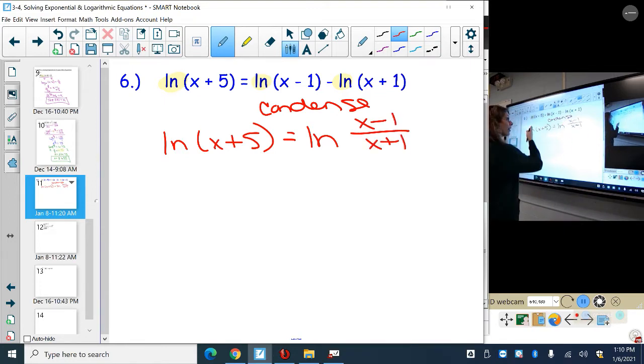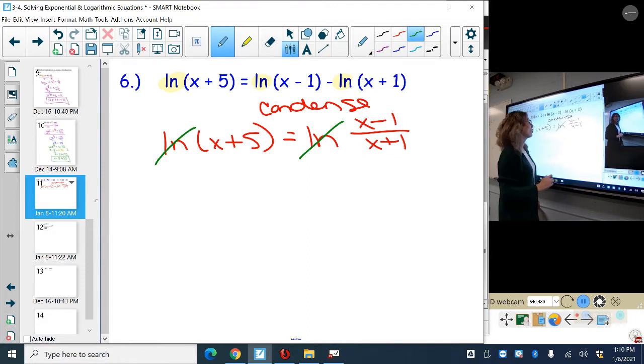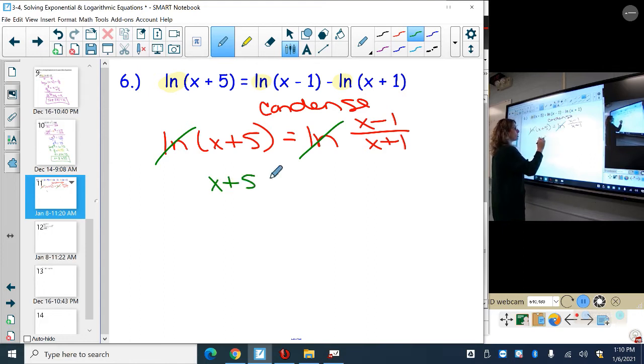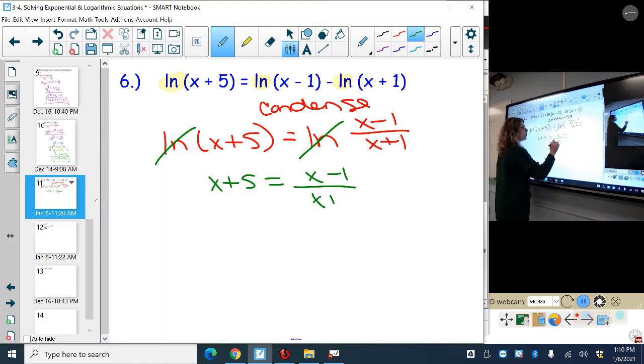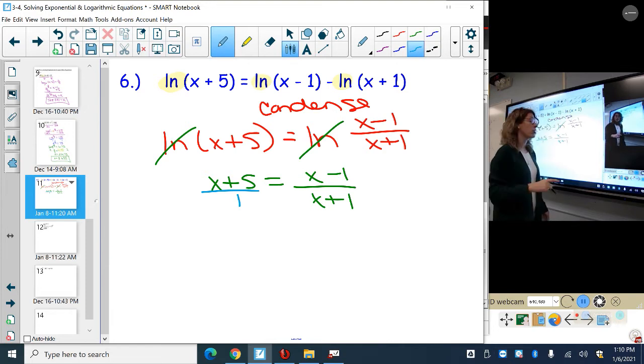Now, I have a logarithm equal to a logarithm, and they have exactly the same base. Since they have exactly the same base, I can cancel out the logarithms, and I can have x plus 5 is equal to x minus 1 over x plus 1. Well, that's interesting, because now I'm going to make this into a fraction equaling a fraction, and I am simply going to cross multiply.